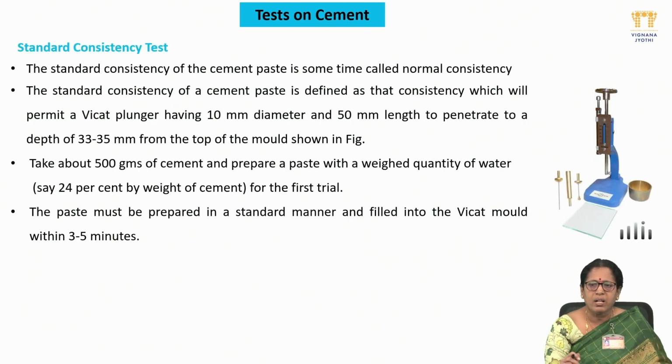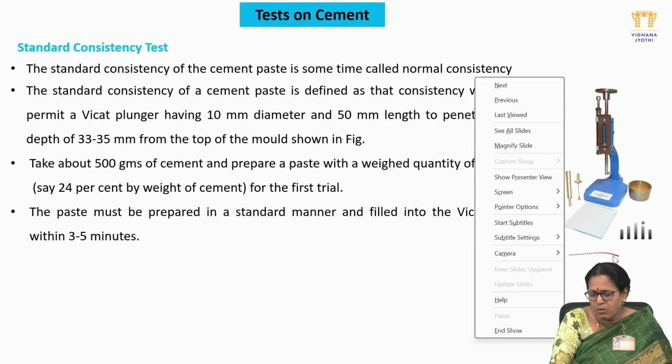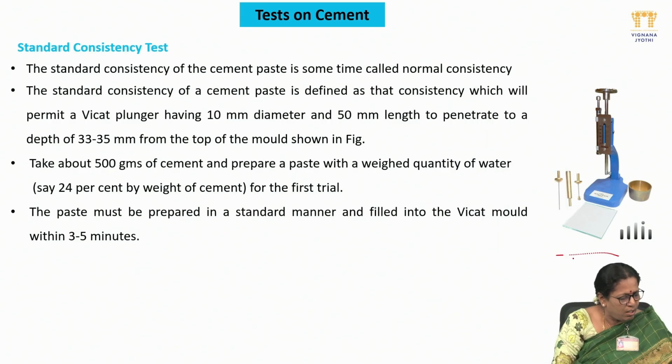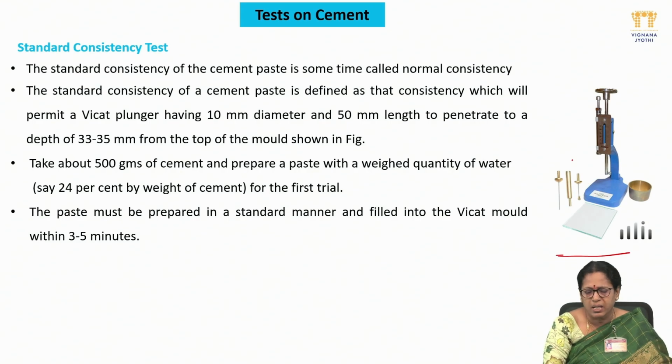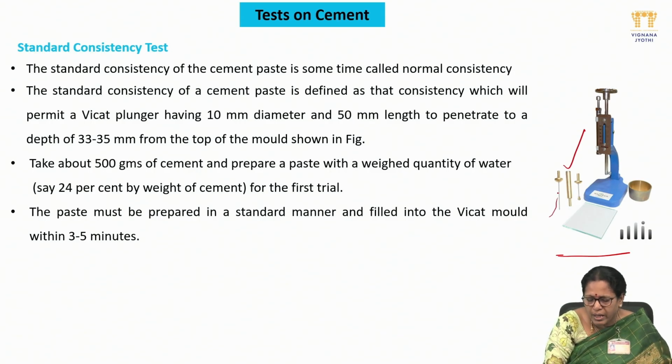Coming to the standard consistency test, this is one more test which we perform in the laboratory. For doing this, we will have a Vicat apparatus. The Vicat apparatus has one plunger whose diameter is 10 mm and length is 50 mm, and you will have a needle.